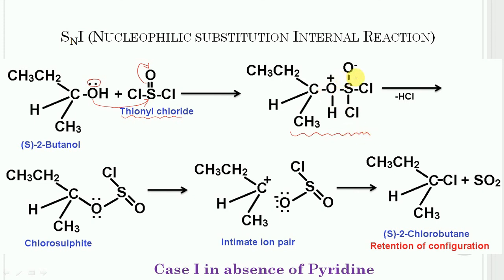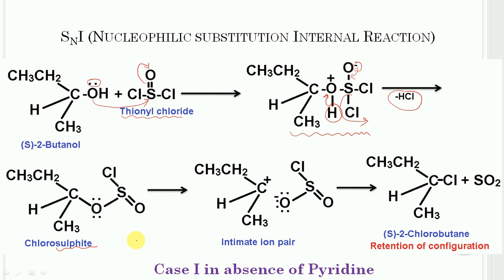In the next step, this additional electron pair will take part in the pi bond formation, and it will leave chloride ion and one proton from this part. So it will lose one HCl molecule with the formation of chlorosulfite ether.